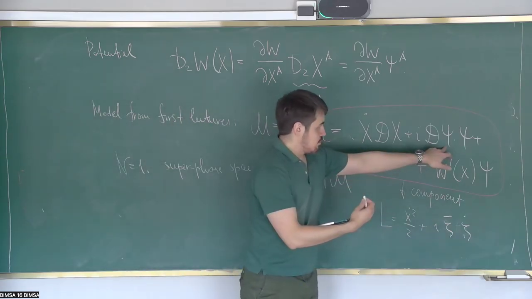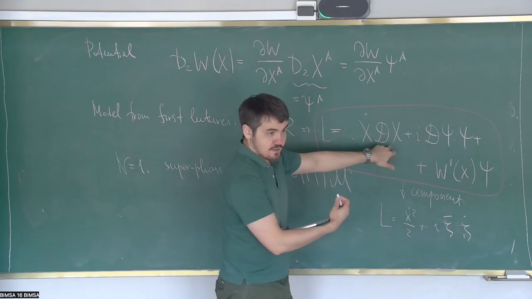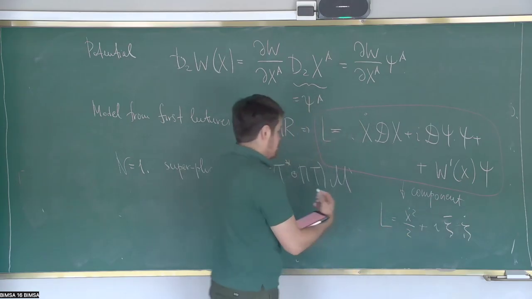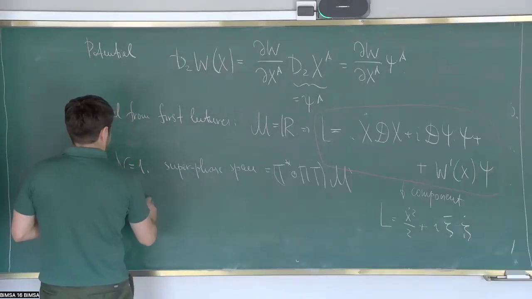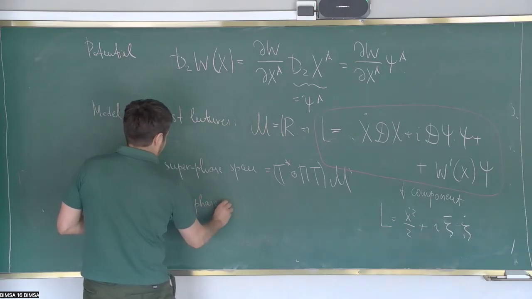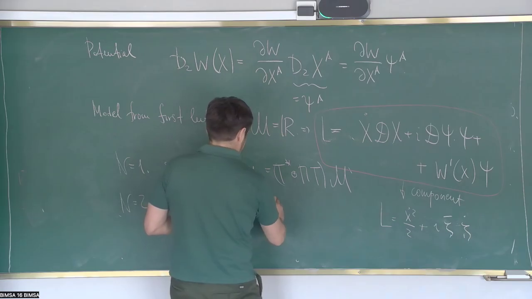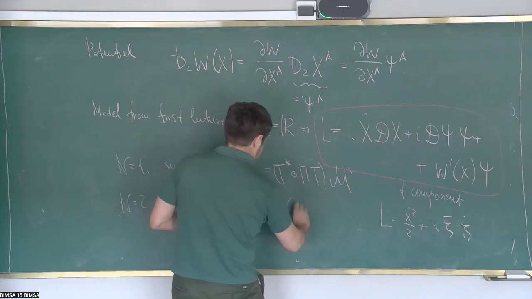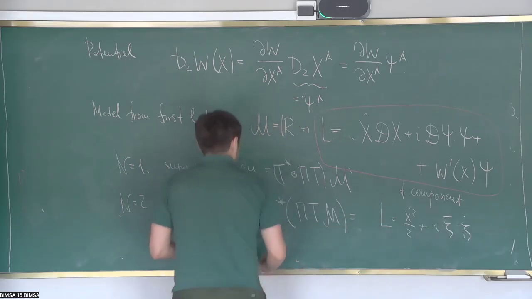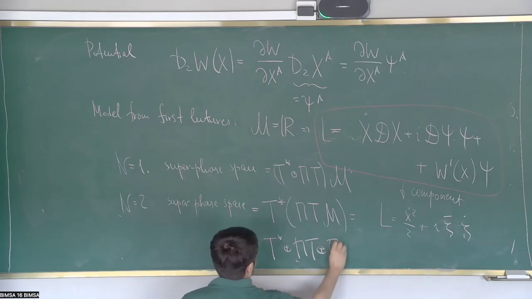It comes from the top leading component of this real psi field and the second component of X. Together they combine symmetrically, although it doesn't look like this here, into a complex field. So the superphase space, like I said back then, is T star of M plus Pi T M, which is T star plus Pi T Pi T star.